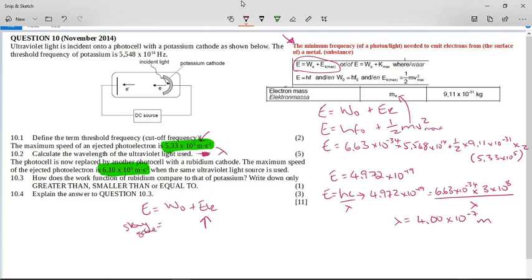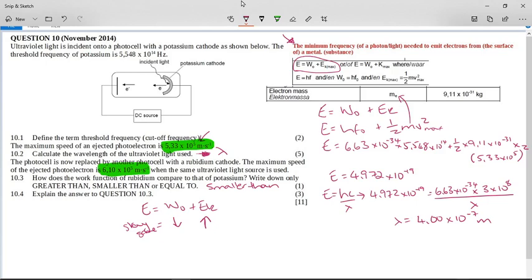So if this has gone up and they must remain equal, the work function must have decreased. So the answer to 10.3 is smaller than, because for the equation to be equal, the amount of energy you put in stayed the same, but the kinetic energy increased, so that means the work function must be smaller than.